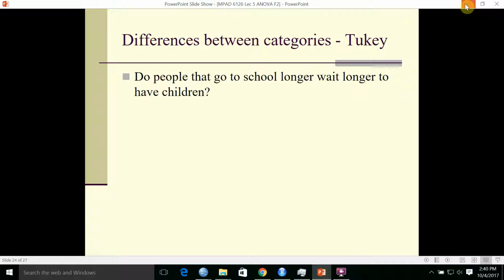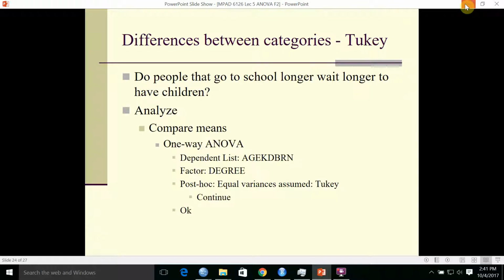So we could potentially answer that question here, because we have different categories of schooling for each of the individual respondents, so a categorical variable, and then the age at which their first child was born. And so to do that, we can compare the means using one-way ANOVA.